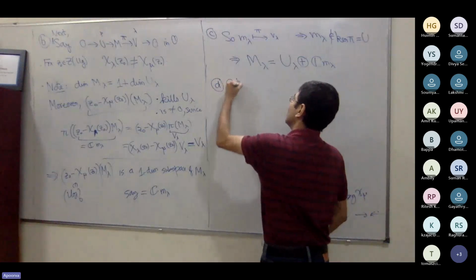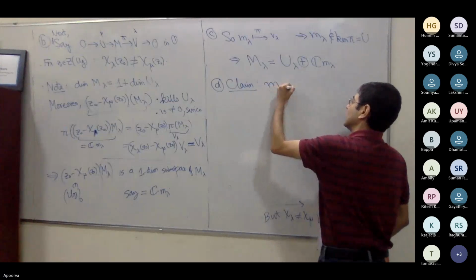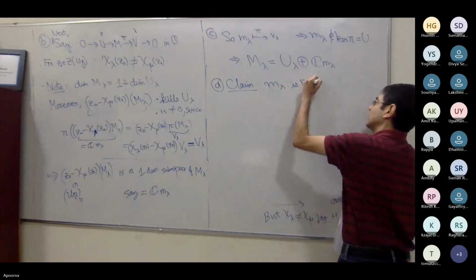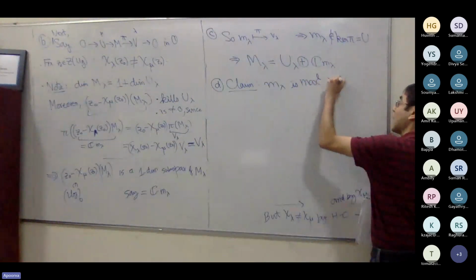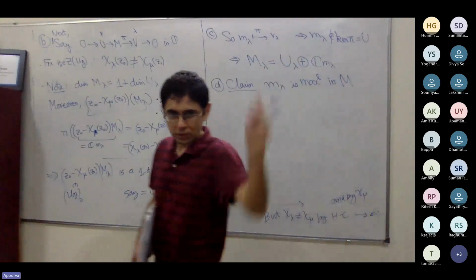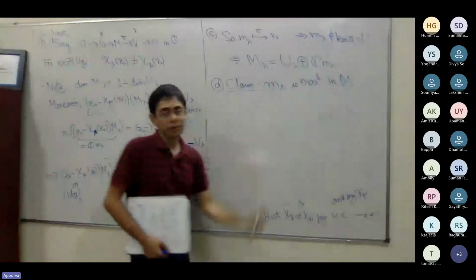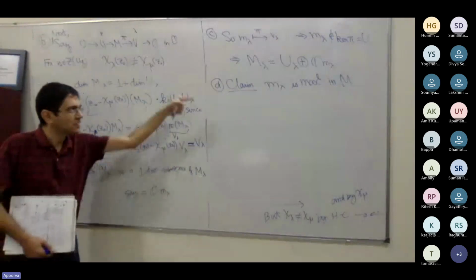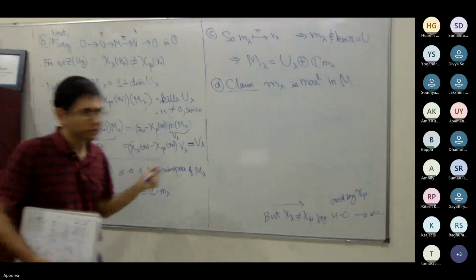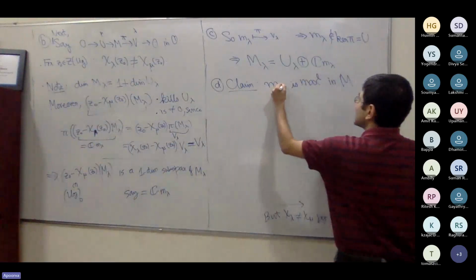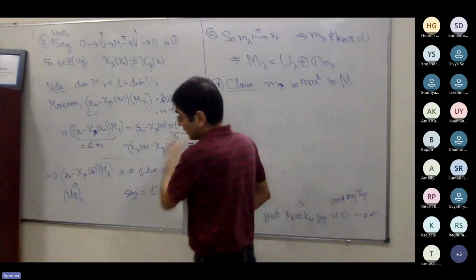Secondly, claim M lambda is a maximal weight vector, maximal in M. Of course, it surjects onto something that's a maximal vector in the highest weight module, but it itself is now maximal in M. So we are going towards the fact that this is going to generate a highest weight module, which is the complement of U. First we just showed that it doesn't lie in U. Now we show it's a highest weight vector, of highest weight lambda.